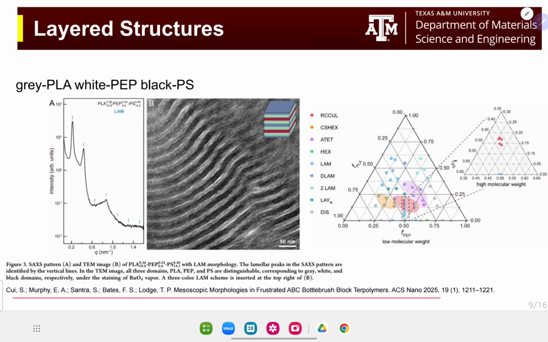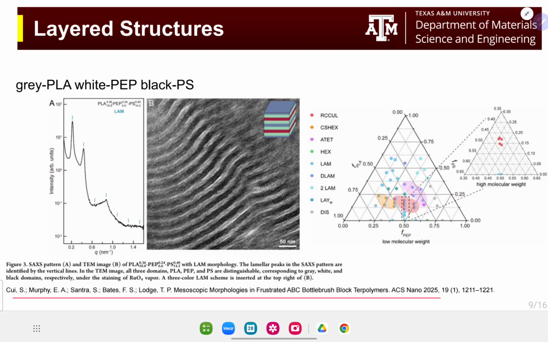SAXS measurements were conducted at 80 Celsius after a 10 minute equilibration. For TEM, ultra-thin sections around 70 nanometers were prepared by cryomicrotoming at around -70 Celsius and exposed to vapor from an aqueous ruthenium tetroxide solution for 4 minutes.